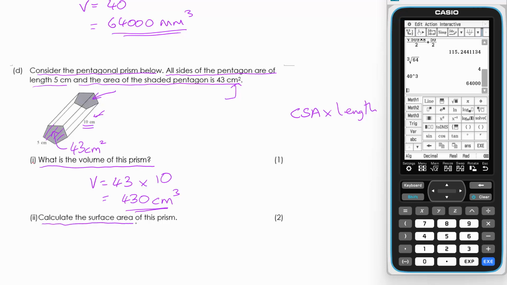Calculate the surface area of the prism. Well, it's made of 2 pentagons, so we've got 2 lots of 43 for the 2 ends, and then there'll be 5 rectangles, 5 because there's 1 for each side. And we were told the sides of the pentagon are 5. And we know the length is 10.